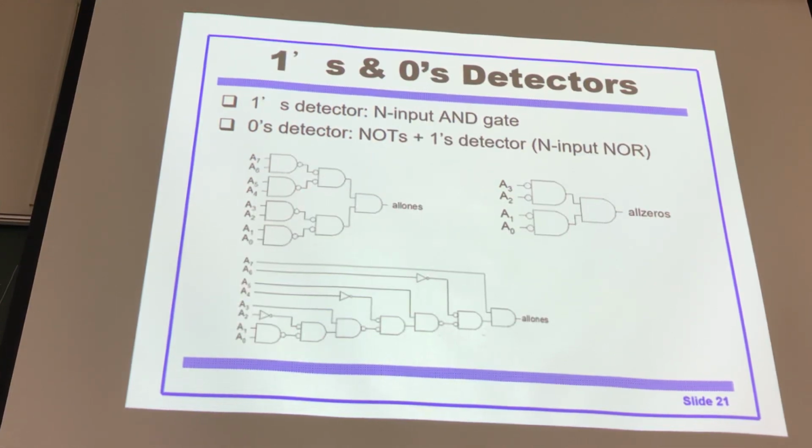Magnitude comparators are not complex actually. For 1 or 0 detector, how do you design it? 0 detector, if all the bits are 0. 1 detector, all 1: 1, 1, 1, 1, you're going to get 1.